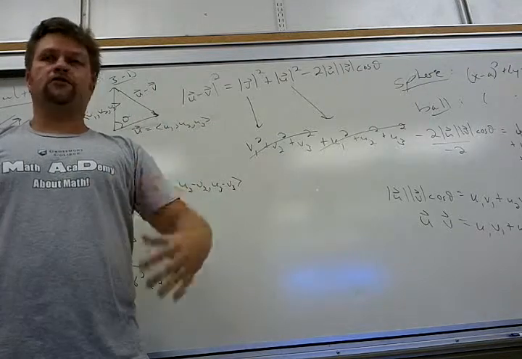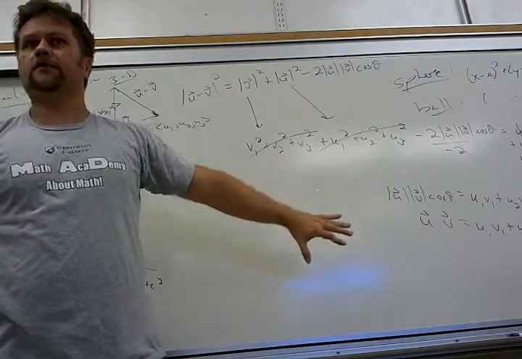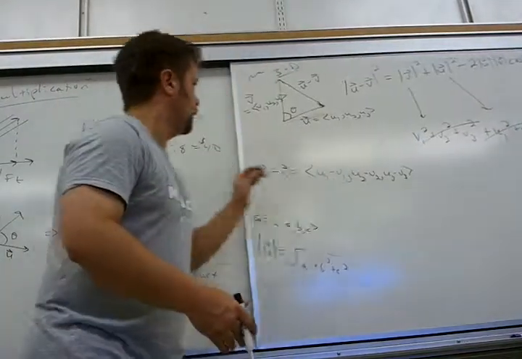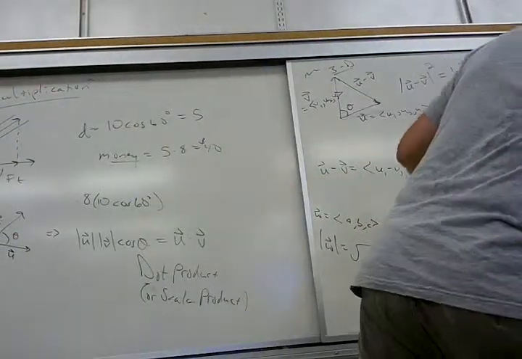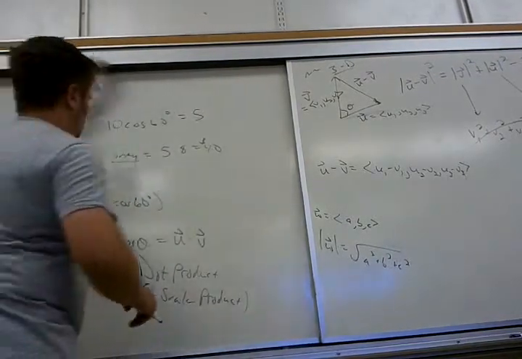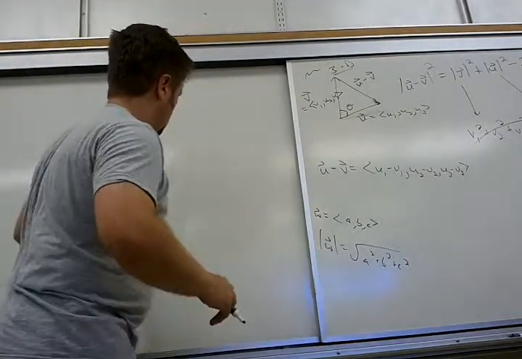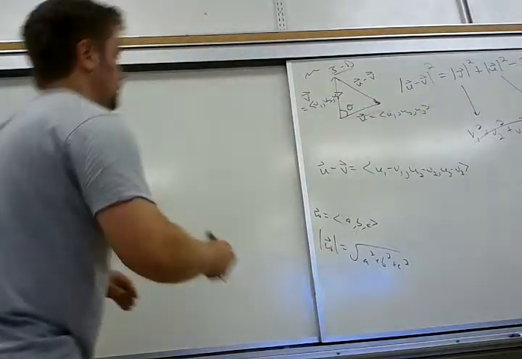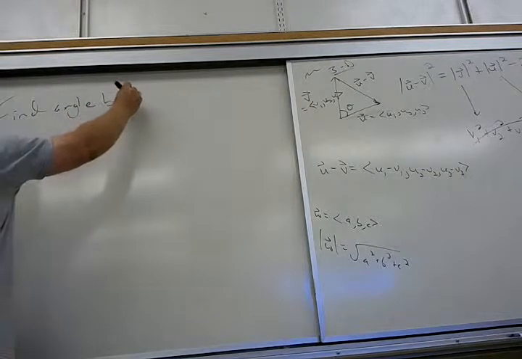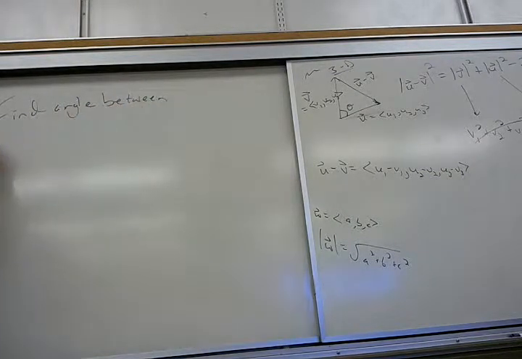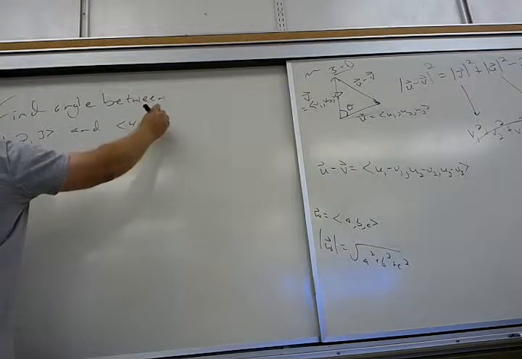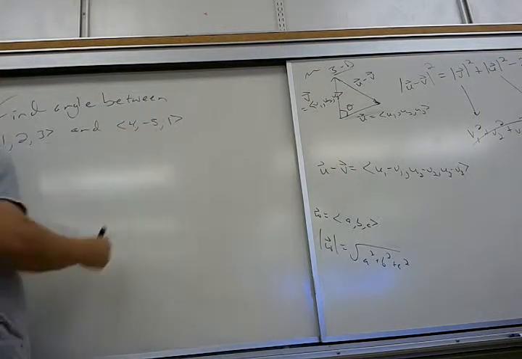And now you stand on the shoulders of all that work that we just did and go straight to the answer. All right, so for example, if I give you two vectors, let me see if you guys can do this. I want you to find the angle between -1, 2, 3 and 4, -5, 1.